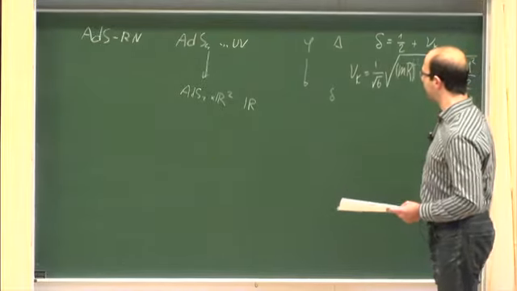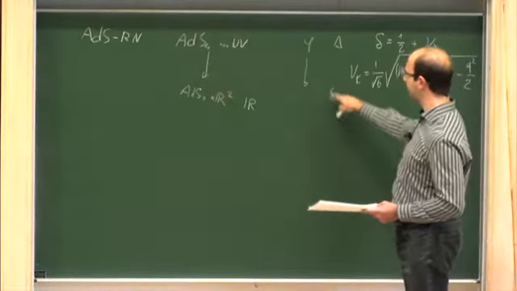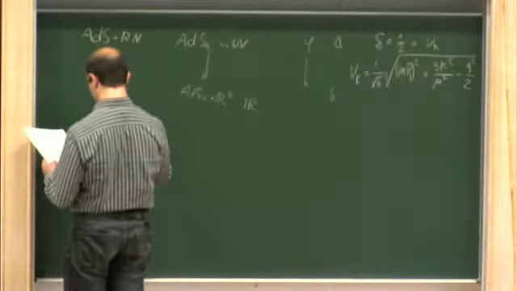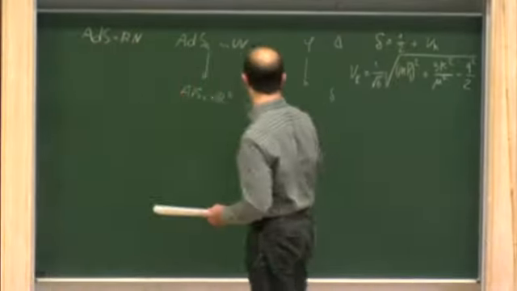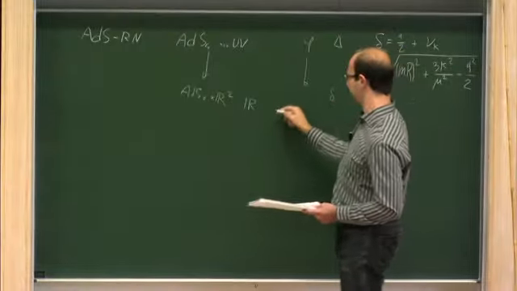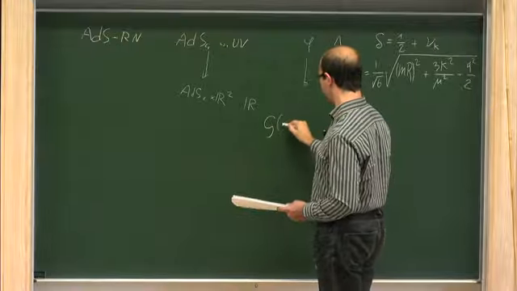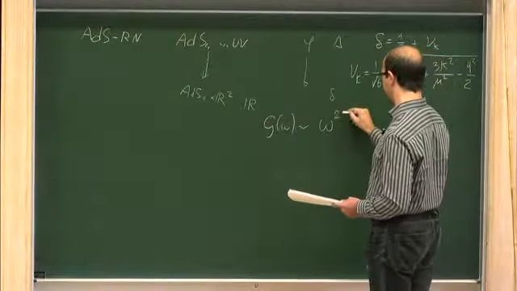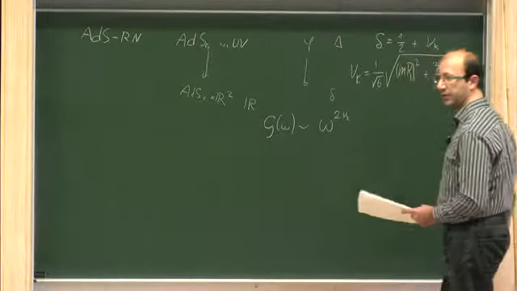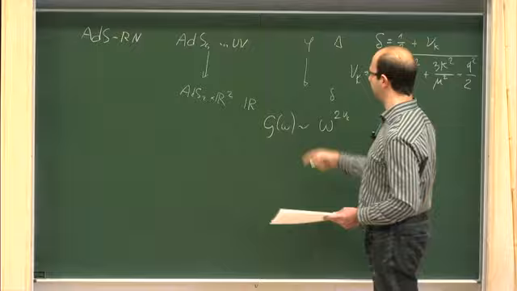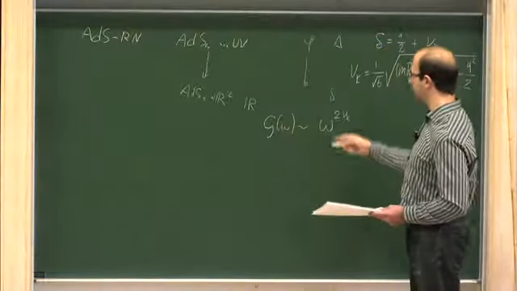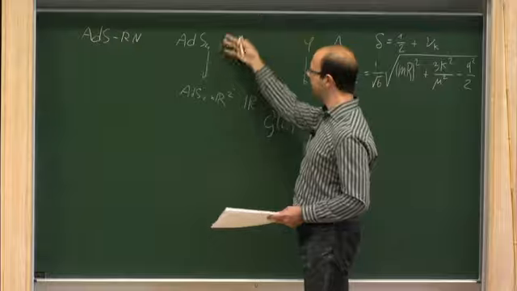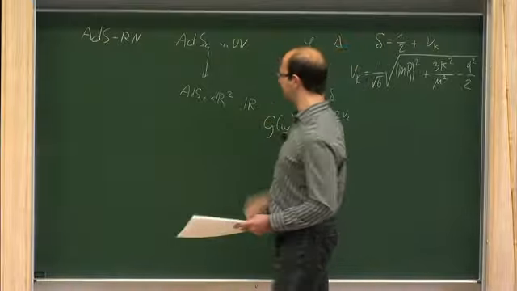So you can compute the two-point function of the corresponding operator, and the corresponding field in the infrared, having this conformal dimension delta, will have a Green's function which scales like omega to the 2 nu_k. Then the full two-point function is found by a matching procedure, by imposing a boundary condition in the UV and then interpolating the solution in the UV and the IR.